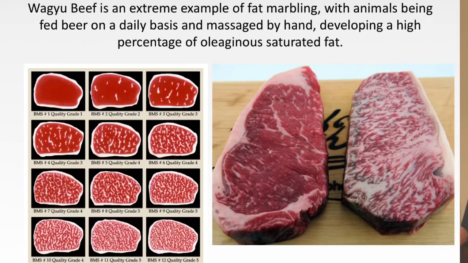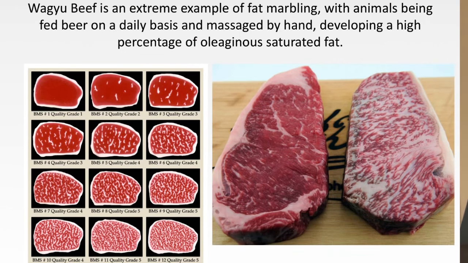All those carbon chains are filled with hydrogen, stacking them up, making them solid at room temperature. And we store energy in these lipids, and they're distributed between the muscle cells, which gives us the appearance of marbling. So a meat that has a high fat marbling content would be something like a Wagyu beef.